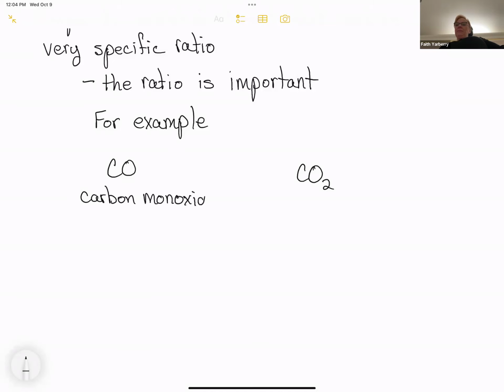And it will kill you by replacing the oxygen in your blood. The second one you probably have heard of. It is carbon dioxide, which is a gas in the atmosphere that keeps heat on the earth.